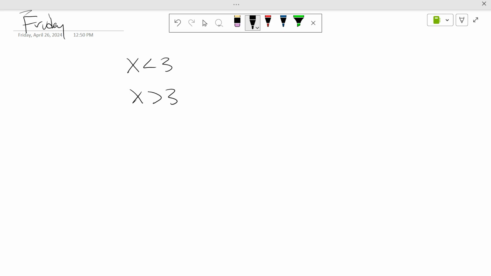If you actually put a 3 into B, you're going to get a 0 in the denominator. That doesn't work. If you put 3 into C, you get 0 over 9 plus 12 plus 3, which is 0. So it works. Okay? A 3 works. It's continuous for that function.